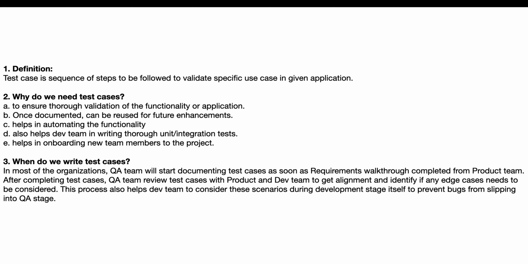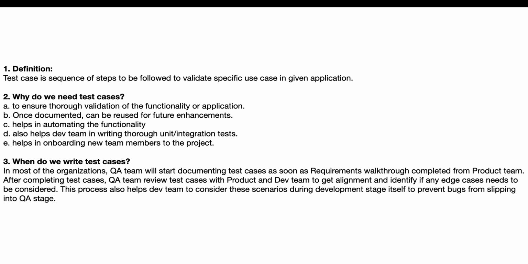So as we start documenting more and more test cases, whenever you do some enhancements, you will come to know that for the existing functionality, some 10 or 15 test cases are there, and we have to execute them to make sure nothing is impacted because of new changes. So always document test cases, and these will be used in future for any enhancements to the existing functionality.